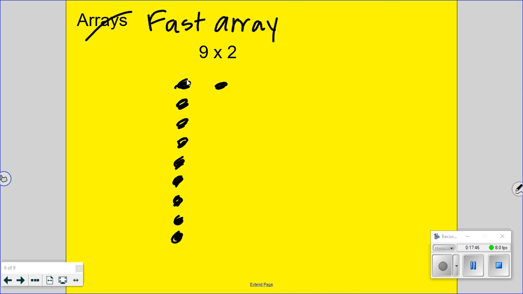It's like a shortcut. It's very helpful for very large arrays. Can you actually draw that? Because what you got on your paper is not correct, friend. 9 times 2 is not a very large array, but you could use a fast array to make it even faster.